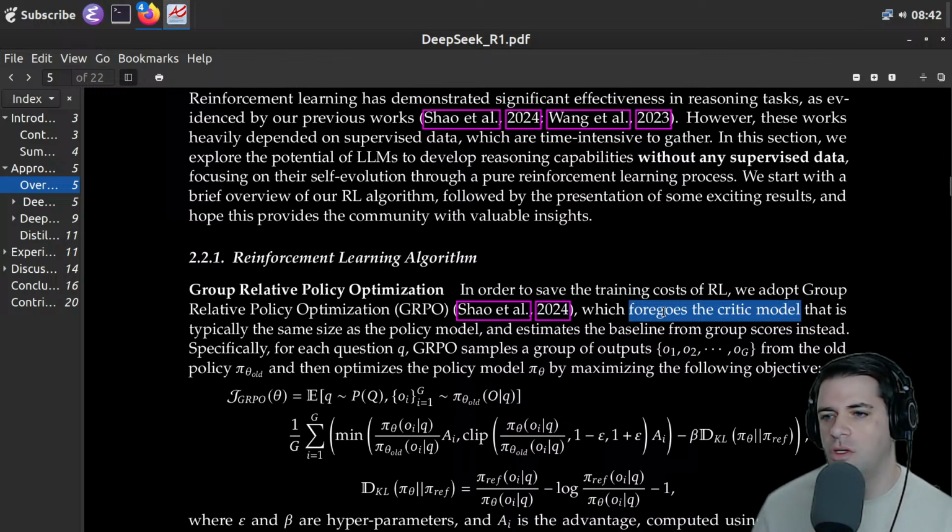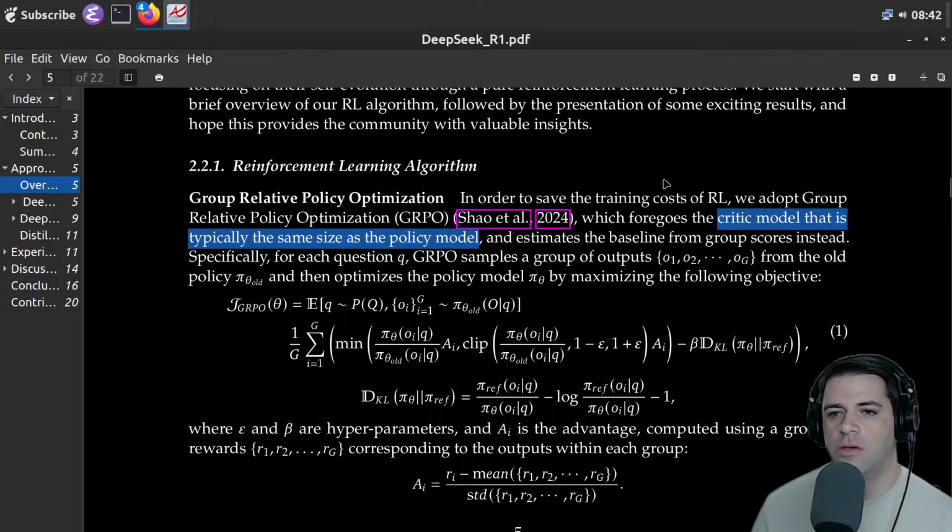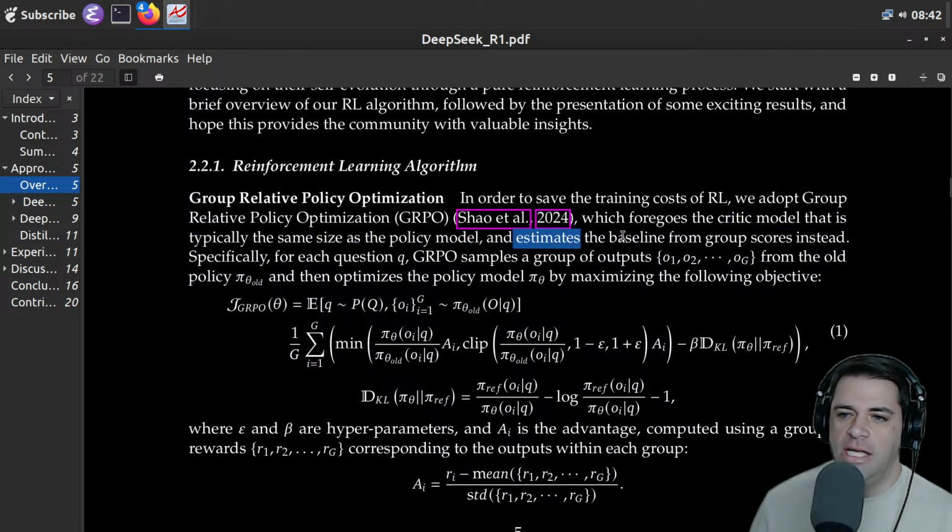So I'm not sure exactly what they mean by saying they forgo the critic model. I think that's standard, which is typically the same size as the policy model. So the critic model uses a lot of parameters, same as the policy model, and they don't do that. So it saves by not using that many parameters, and it estimates the baseline from group scores instead.